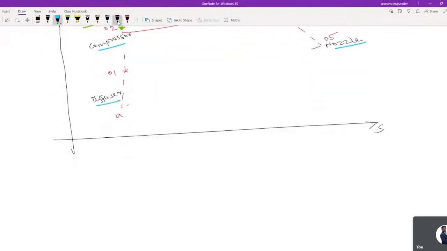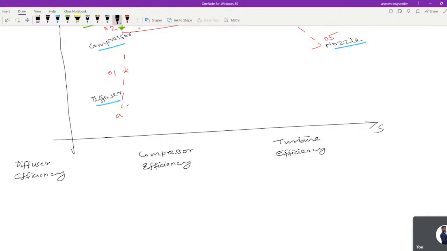Here I am going to discuss four efficiencies, how they're interconnected with each other and how easily you can remember them: the diffuser efficiency, the compressor efficiency, the turbine efficiency, and the nozzle efficiency.